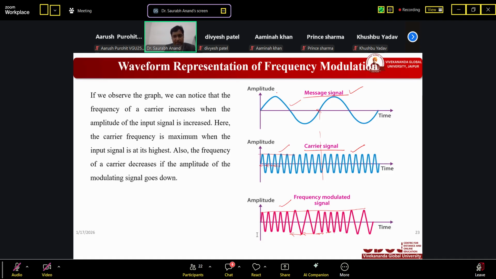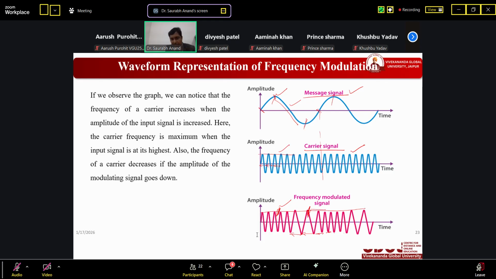It is varying according to the message. From this point to this point it is increasing, so you can see the frequency up to this point is high. From this point to this point it is continuously decreasing, meaning the time is increased up to this point.